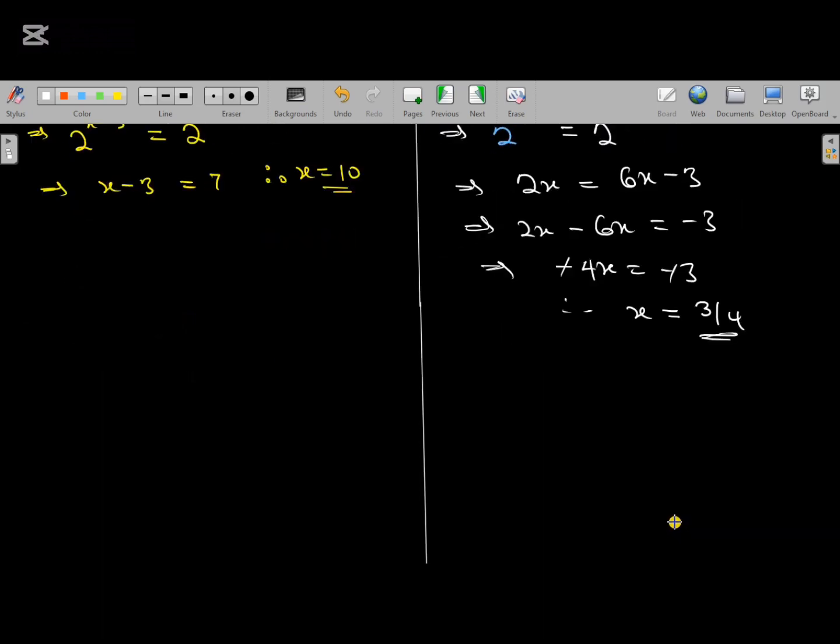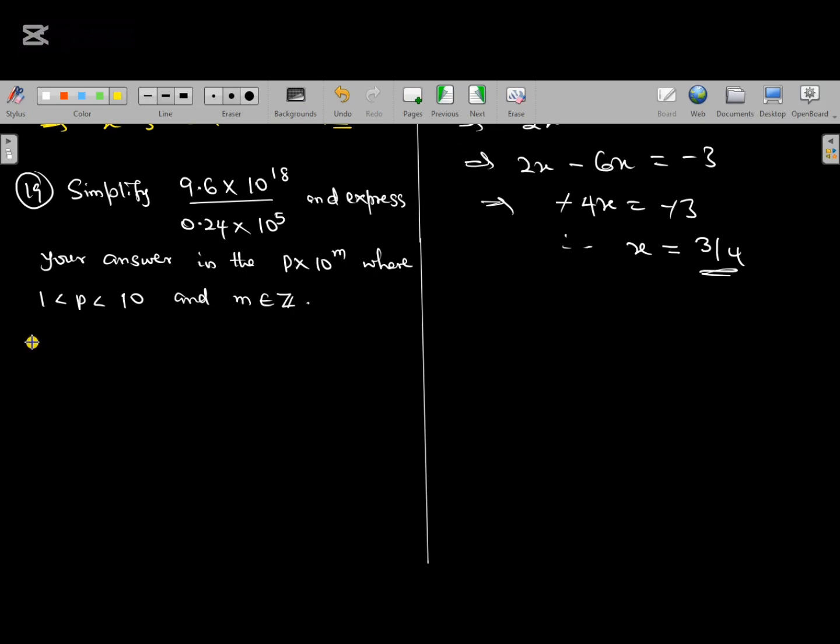Okay. So we move over to problem 19. It says that we are to simplify what we have here and then get our answer in this form where p is between 1 and 10 and m is an integer.